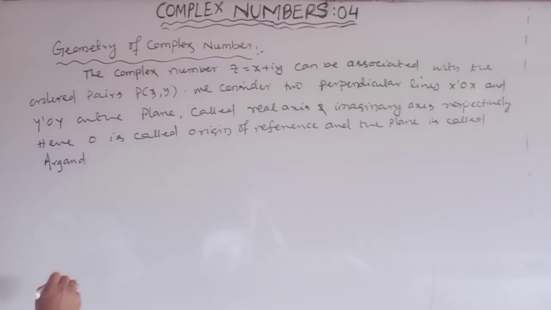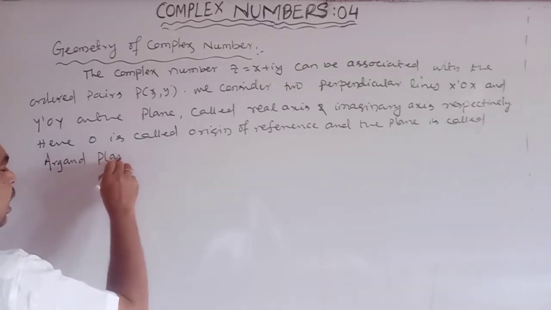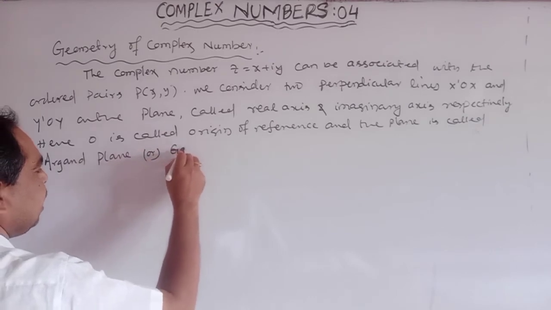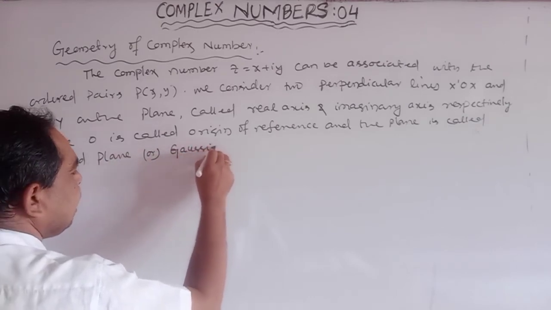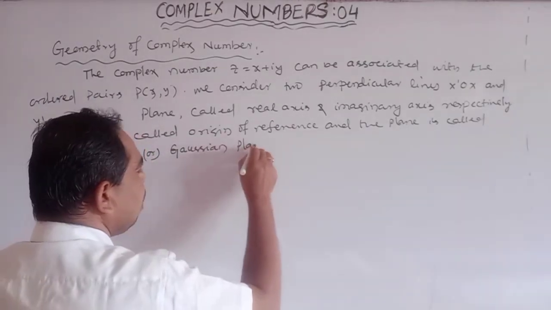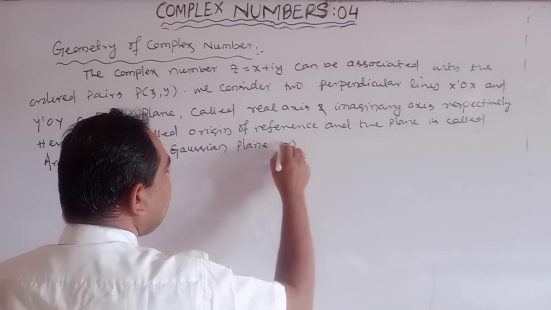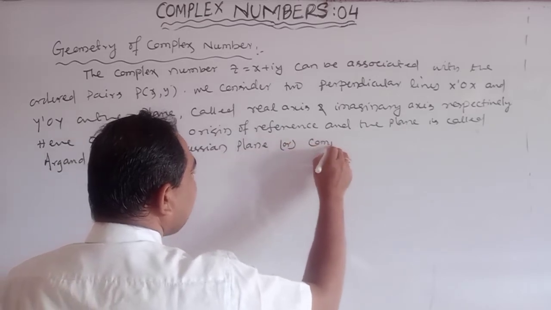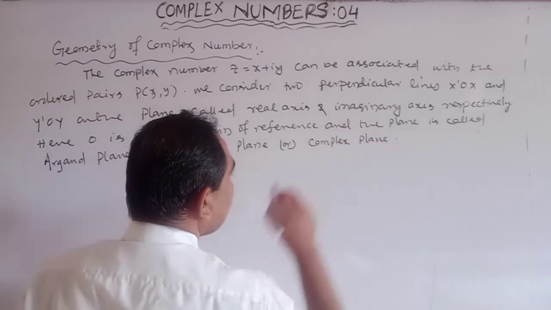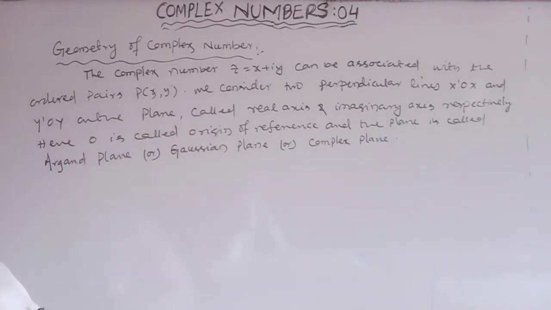Argand, A-R-G-A-N-D, Argand plane, or Gaussian, G-A-U-S-S-I-A-N, Gaussian plane, or also called complex plane.